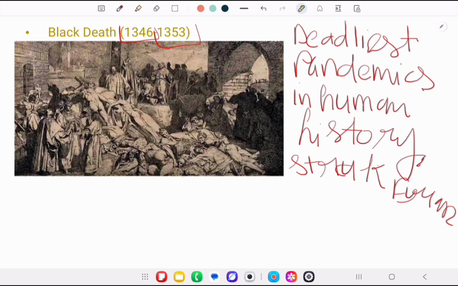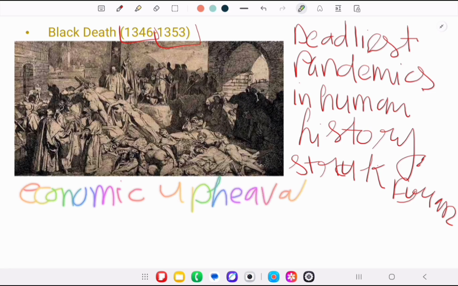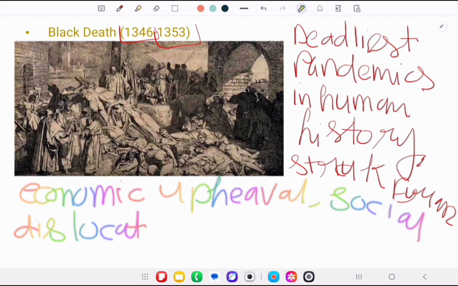Leading to economic upheaval, social dislocation, and religious turmoil.